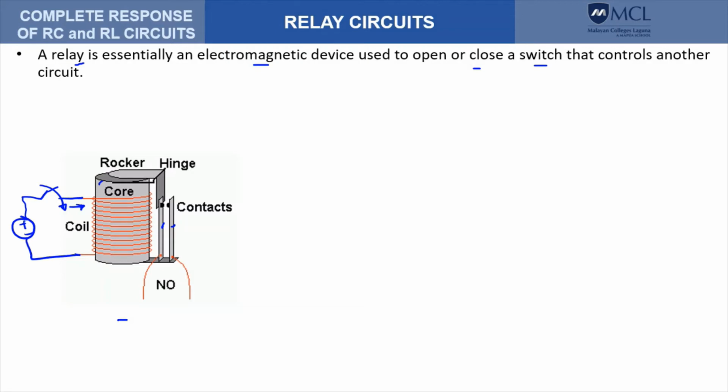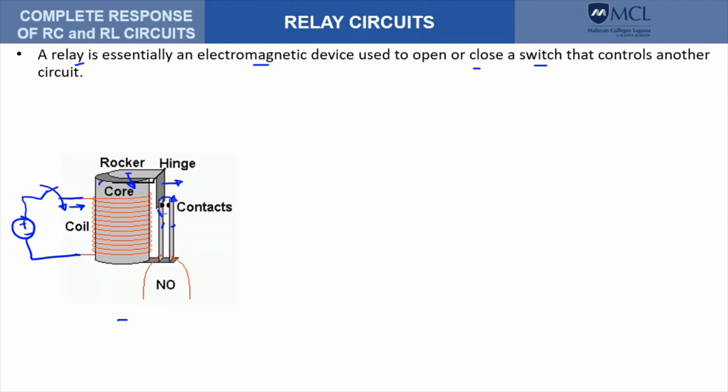And if the magnet created on the core is strong enough, it will start to move the rocker. So this part here is attracted to the core, and this part here will move in that direction. And this contact on the left will start to touch the contact on the right.